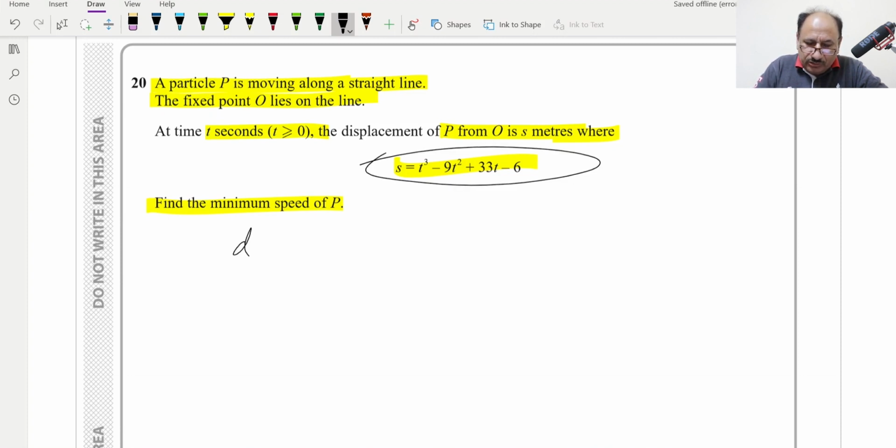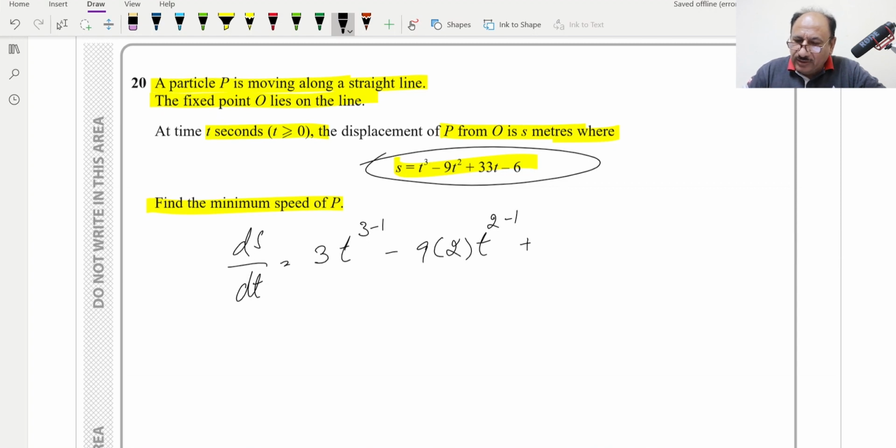So ds over dt: for the derivative we pull the power first, t raised to power 3 minus 1, minus 9 and 2 we pull first, and t raised to 2 minus 1, plus 33 into 1, and the constant's derivative will be 0. This is equal to 3t squared minus 18t plus 33.